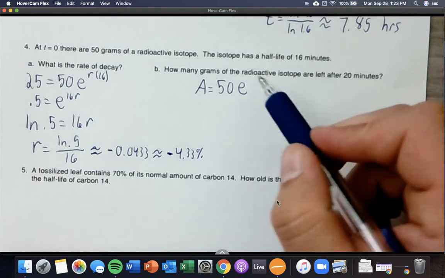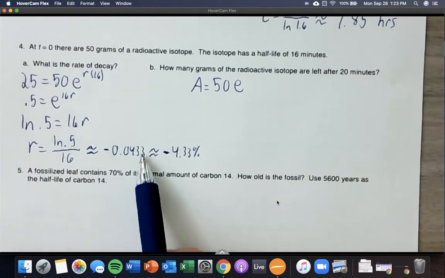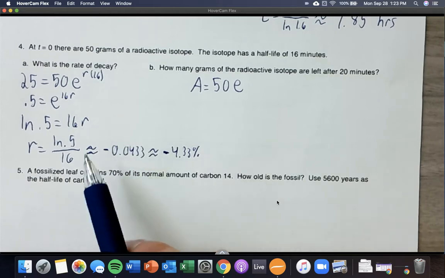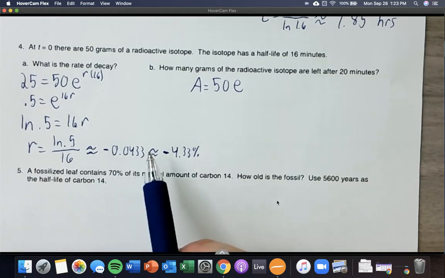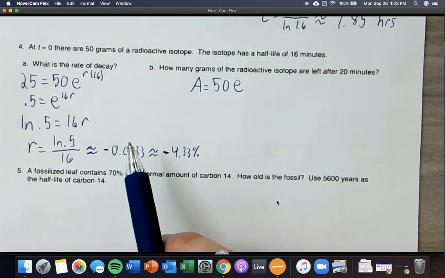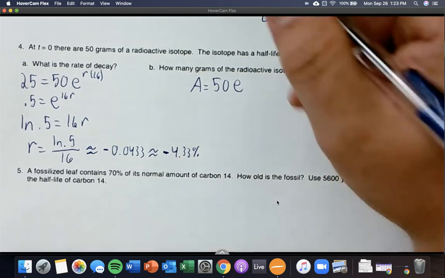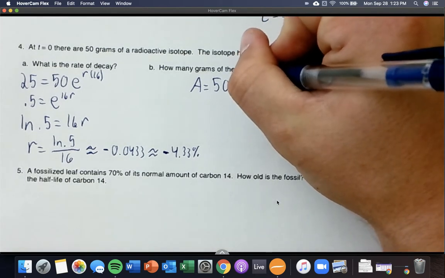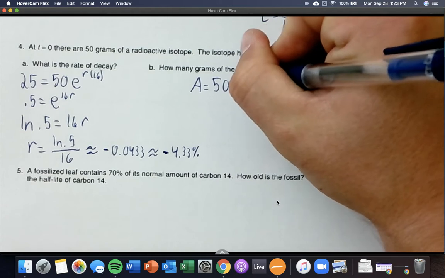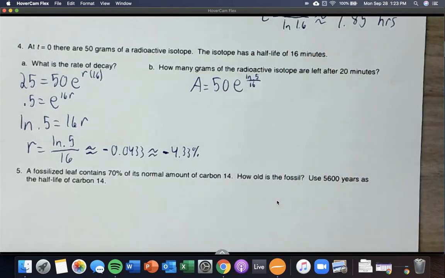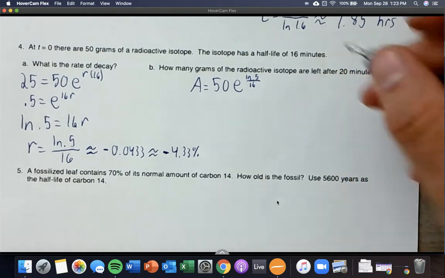It's not going to give us an exact answer because we rounded it out, we approximated. So it might be a little bit better to plug in our natural log form. Right, so the rate is just that ln of 0.5 all over 16, and that's going to be multiplied by the time, which is 20 minutes.